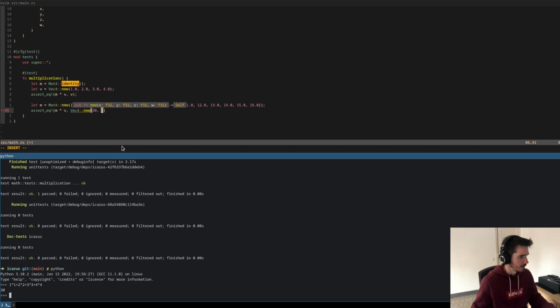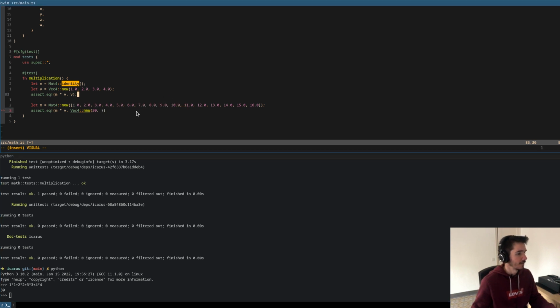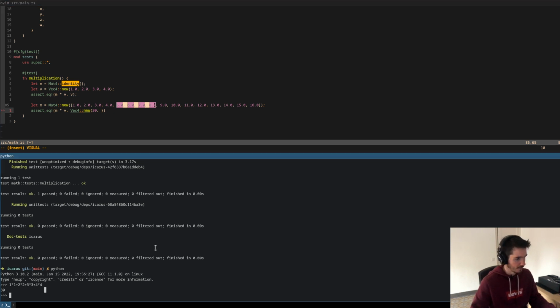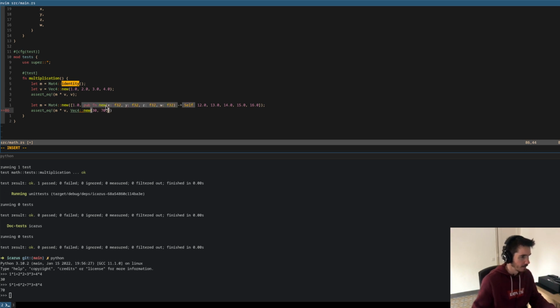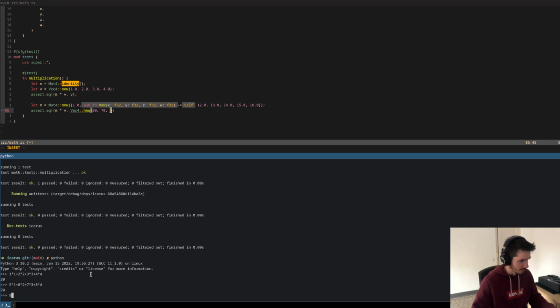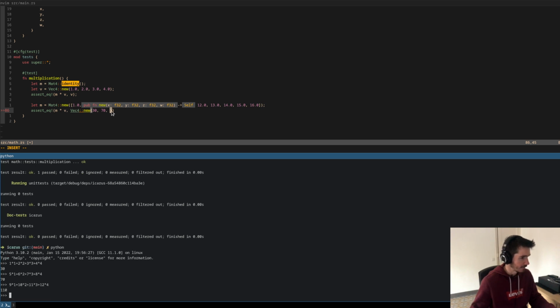Then the second one is going to be the second row, which is 5, 6, 7, 8 times 1, 2, 3, 4. So 5 times 1, 6 times 2, 7 times 3, 8 times 4. This is 70. The next row is going to be 9 times 1 plus 10 times 2, 11, and 12, 110.